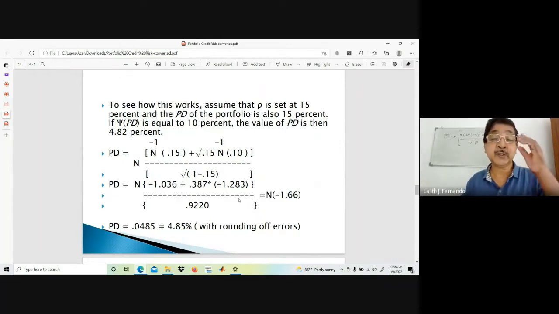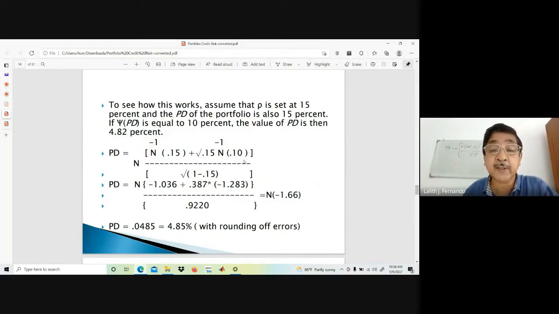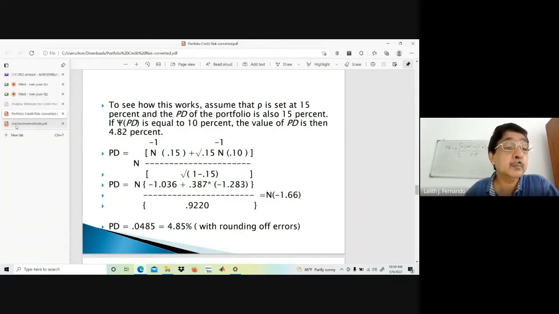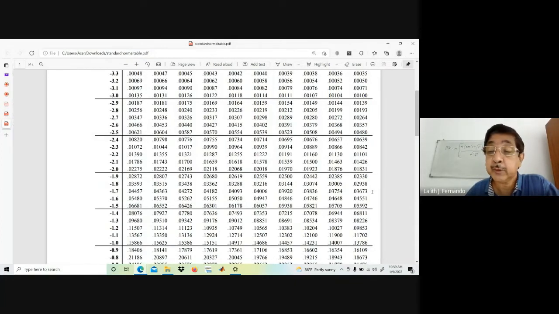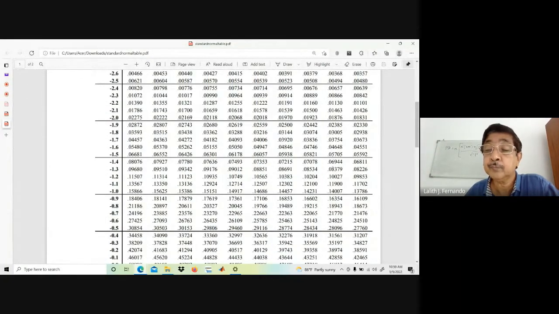Is that okay? The next one. Now the next one is 0.10. You have to get the reverse normal of 0.10. So it comes to this 0.10, here it is.